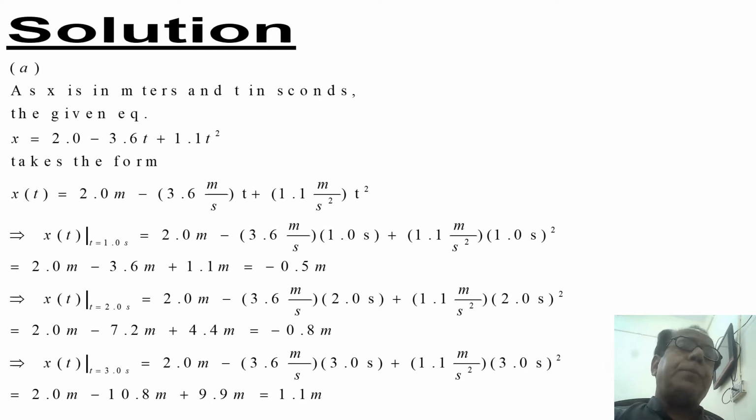The given equation takes the form x(t) equal to 2.0 meter minus 3.6 meter per second into t plus 1.1 meter per second squared into t squared.